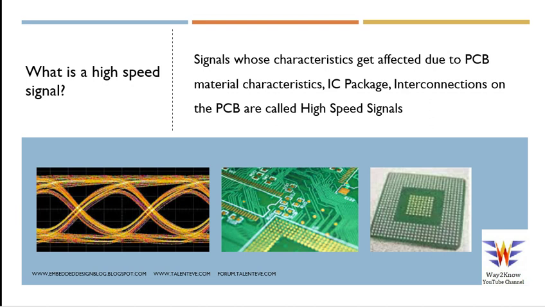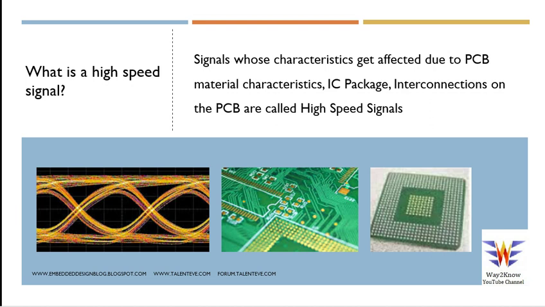Now, what signal do we call a high speed signal? Any signal which gets affected due to the PCB characteristics. When we say PCB characteristics, it is the dielectric material, its thickness, the trace width, basically all these.